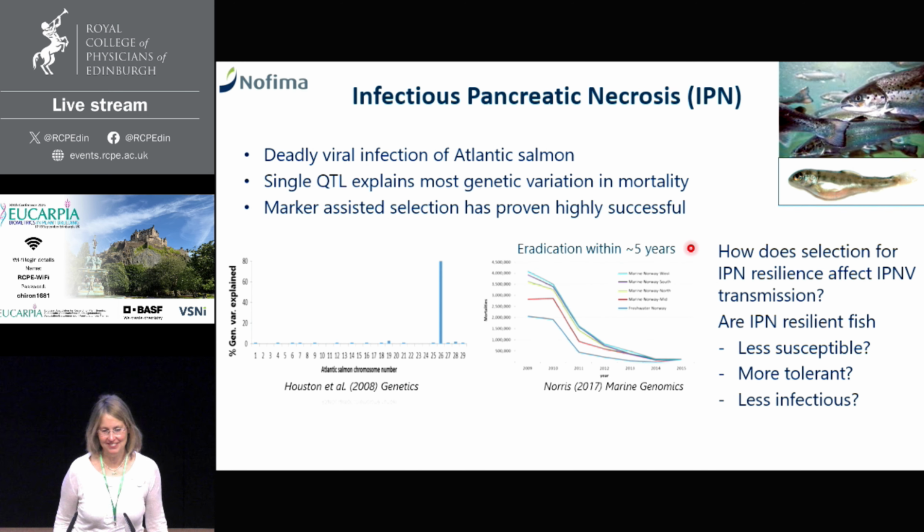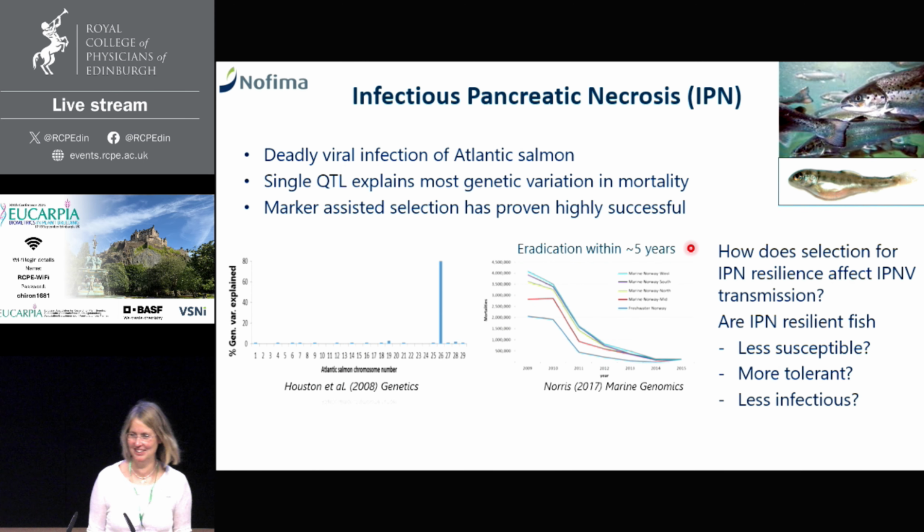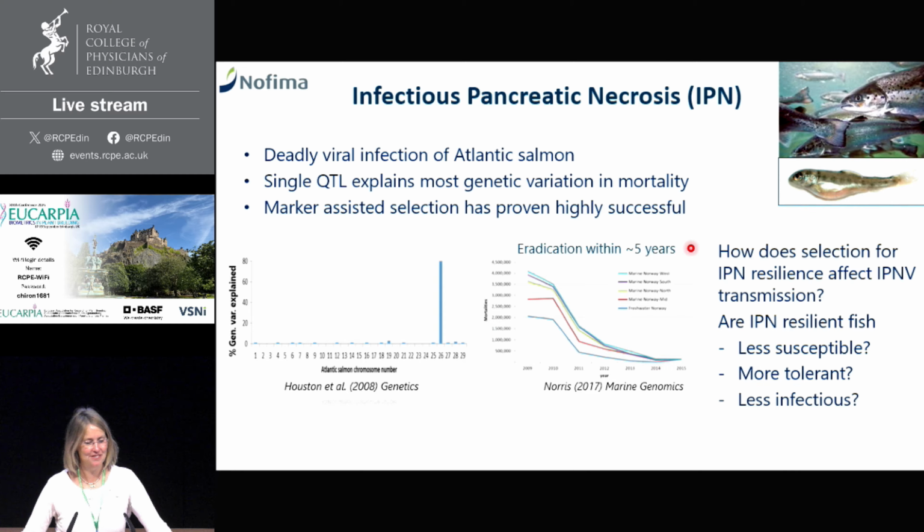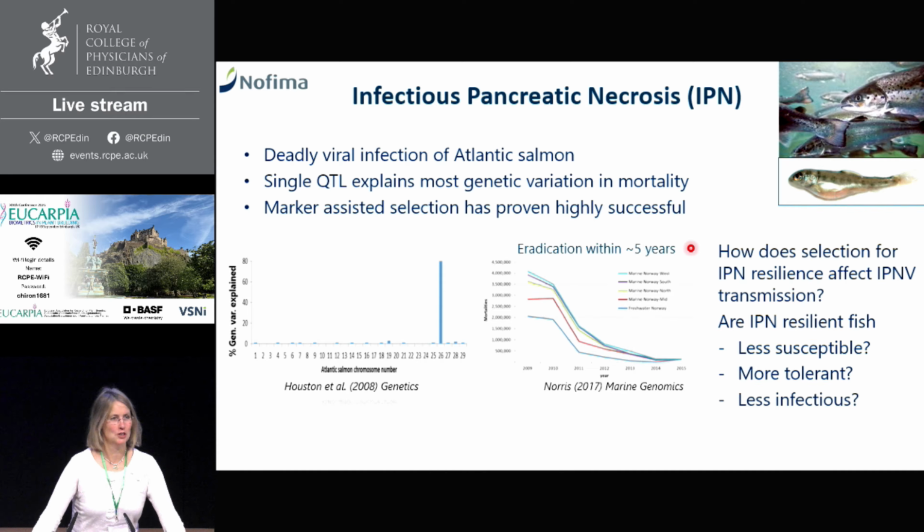I want to demonstrate this with the flagship of success in quantitative genetics, in the animal breeding world, which is infectious pancreatic necrosis virus infection in Atlantic salmon. A few years ago, this was a massive concern to the salmon industry.